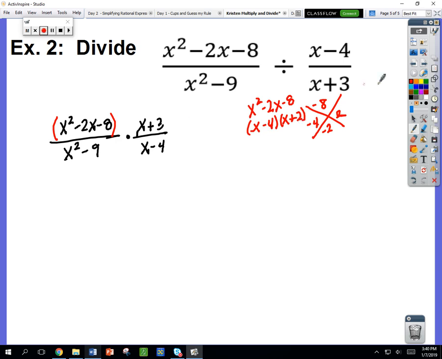So that's that one broken down. Now I need to check and see, can I break this one down? And I can. Those are 2 terms, both perfect squares. So I get the square root of the front plus or minus the square root of the back. So that's that one broken down.